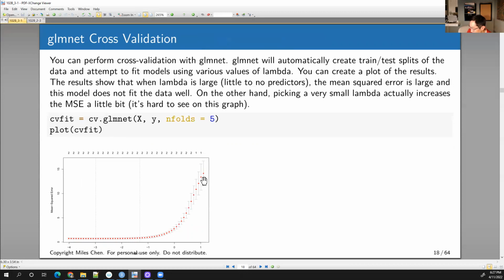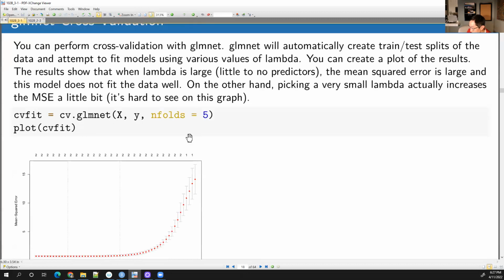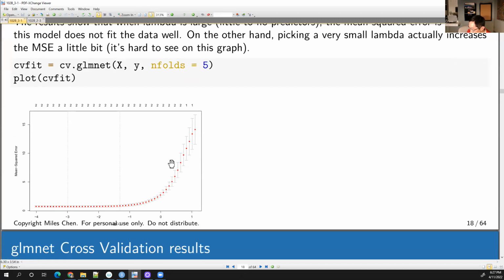We basically have a lot of mean squared error here, and as we increase lambda, we can see the mean squared error shrink.